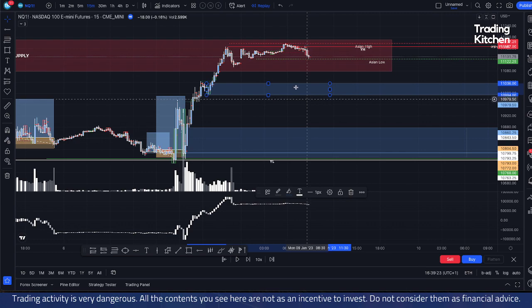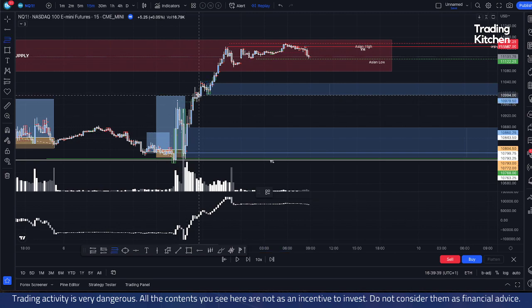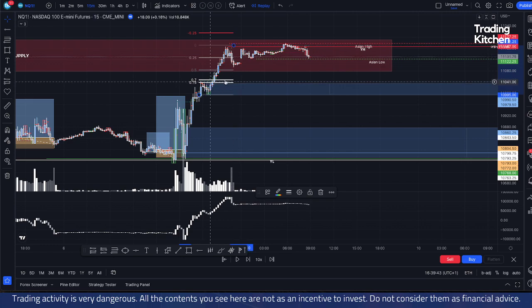So the zone will be here, and I'm going to stay in discount, at least at the 75 of the last range, which is this one, and as you can see, we are below the 75, and I like it.